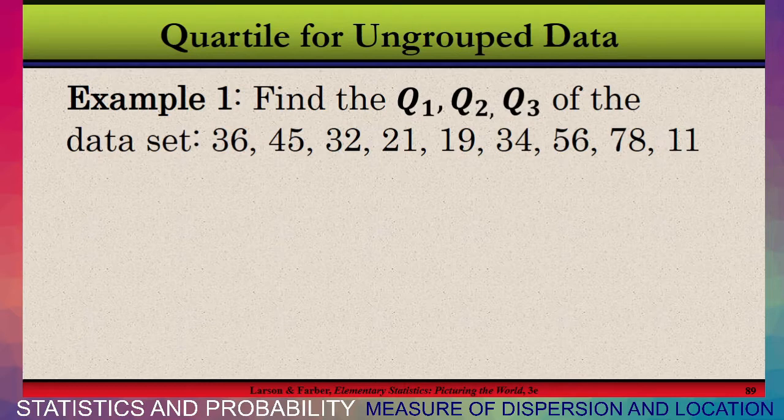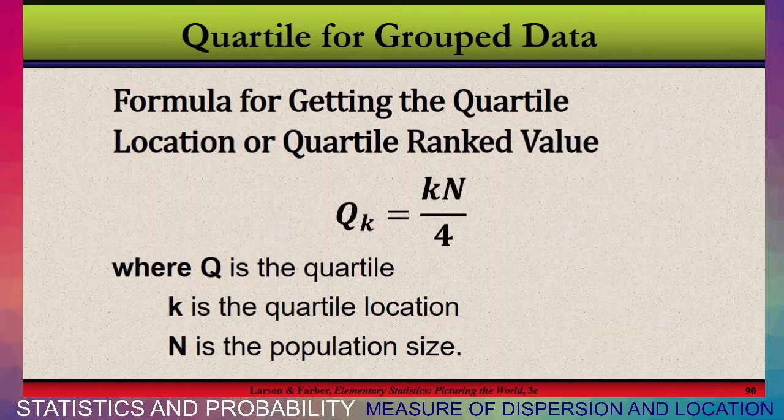So, next. Tumungo tayo sa quartile for group data. Medyo nag-iba yung ating formula. Kung gumagamit tayo sa ungroup ng n plus 1, magiging k times n over 4.